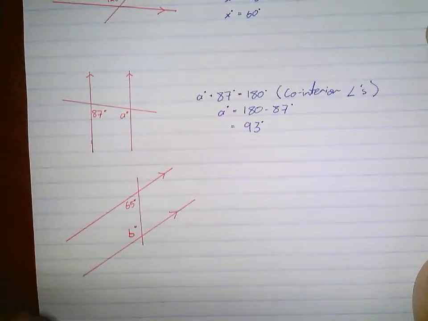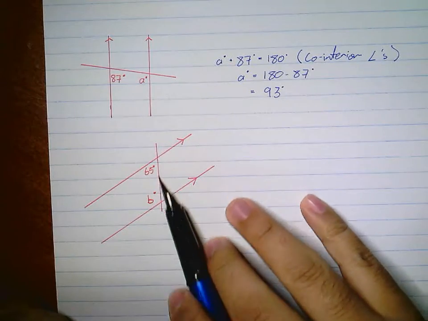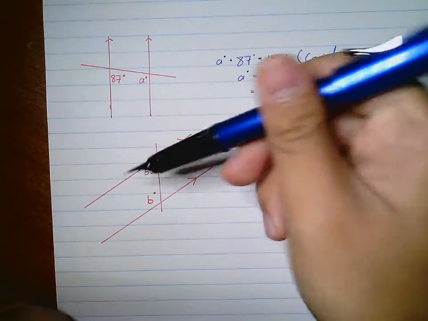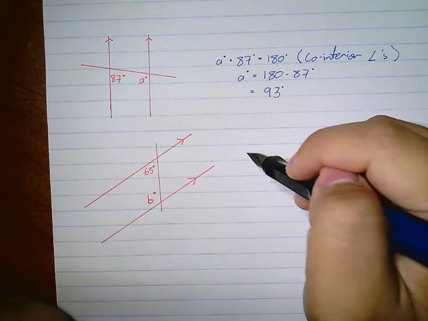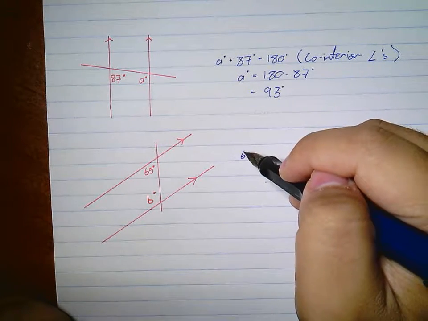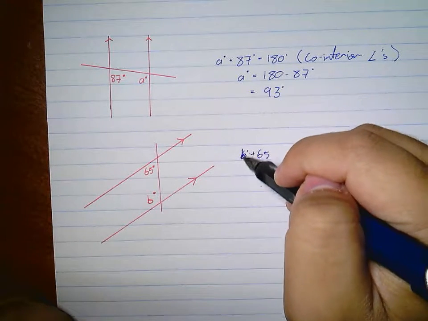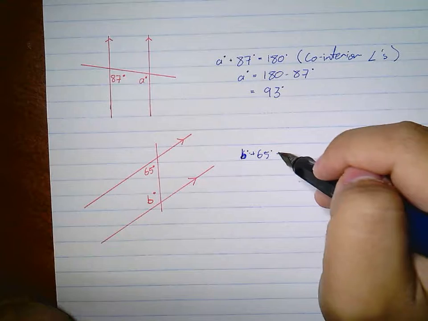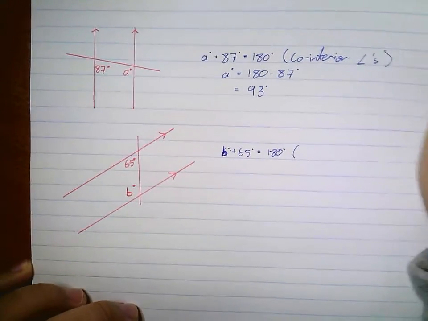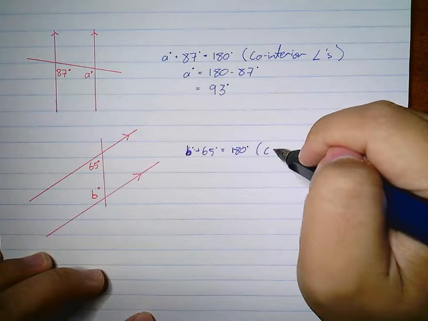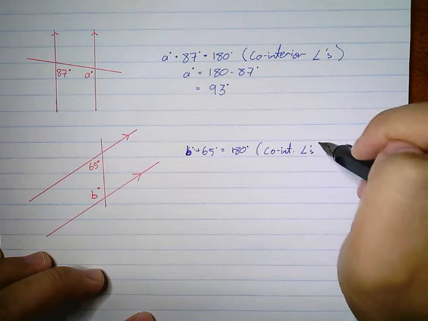Yes. And one last time, there is our letter C again, this time diagonally facing that way. Can you see it? And this one, once again, we can say that B degrees plus 65 degrees is equal to 180 degrees. And the shorthand form for co-interior is actually co-interior angles.